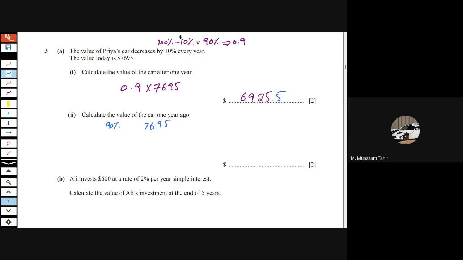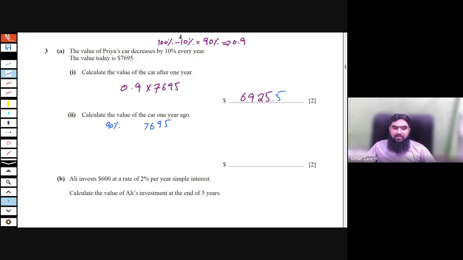Sir, is the answer 8,550? The answer is 8,550. Yes, your answer is correct. So we have to find the amount when it is going to be the 100% value, right?